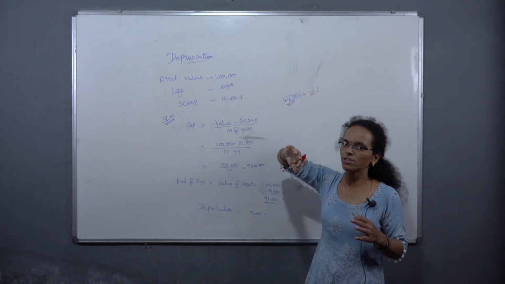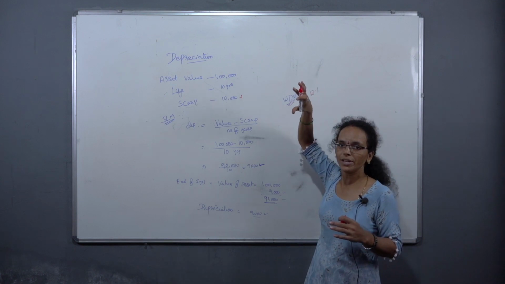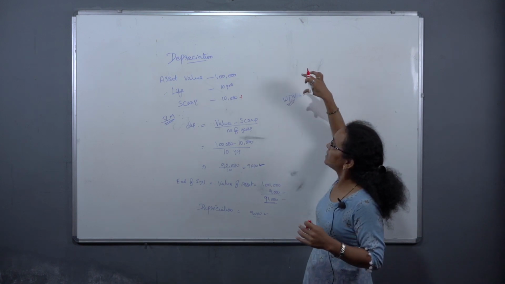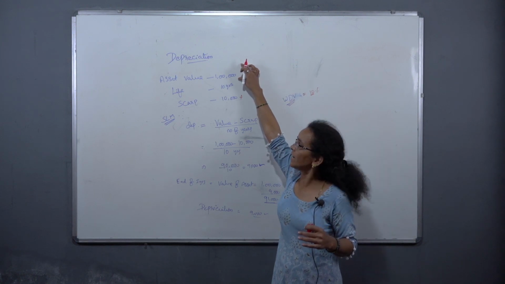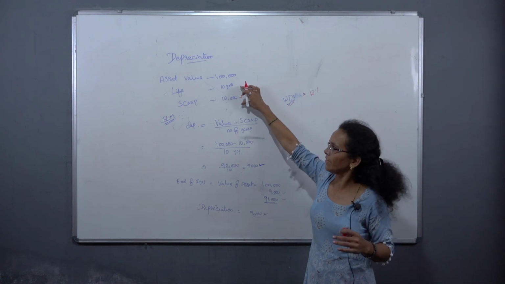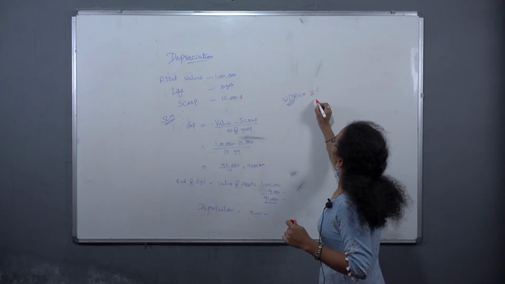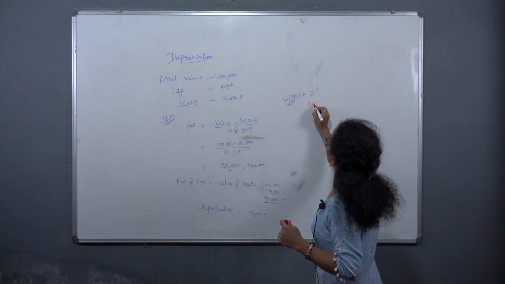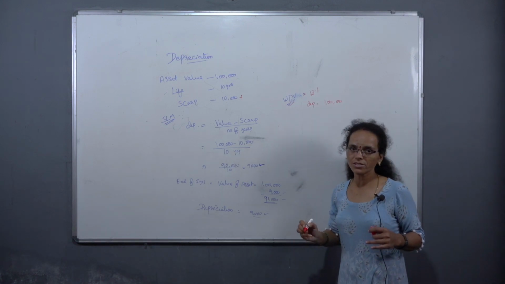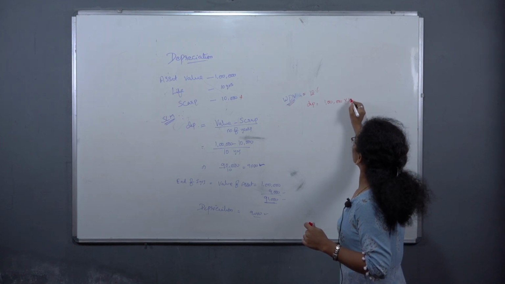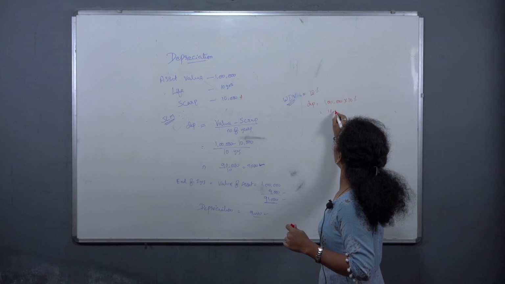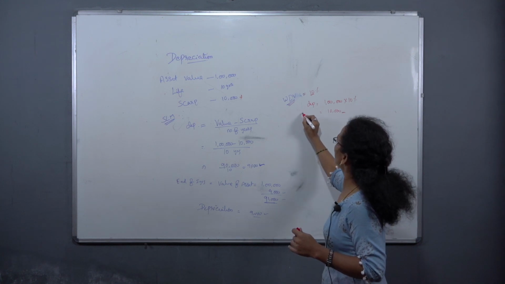There are many factors to decide the WDV rate, but as an example I am taking 10% as the WDV rate, and the value of the asset is 1 lakh rupees. We don't know how much we are going to get at the end of the life. So 1 lakh rupees is the asset at which we purchased and 10% is the depreciation. It means 10,000 rupees will be deducted in the first year.